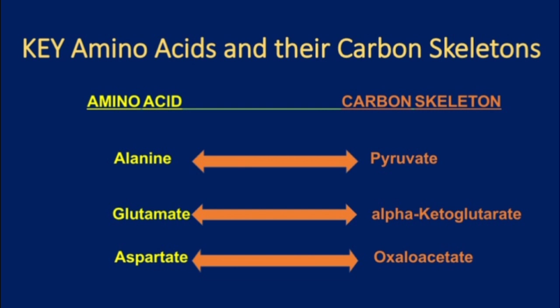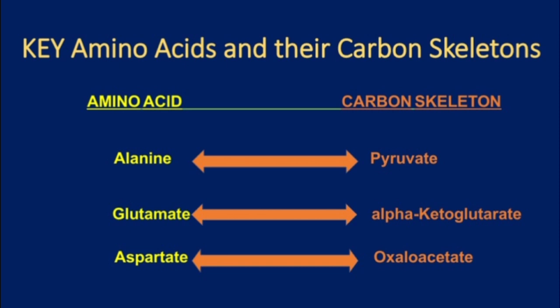And the ALT reaction simply takes the amine group from alanine, transfers it to alpha ketoglutarate as a carbon skeleton, and converts alpha ketoglutarate to glutamate.